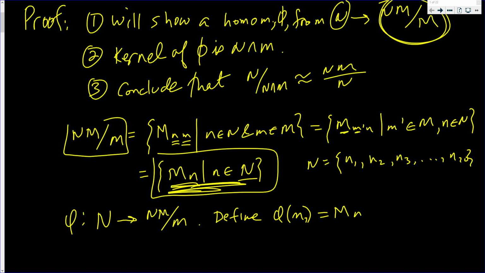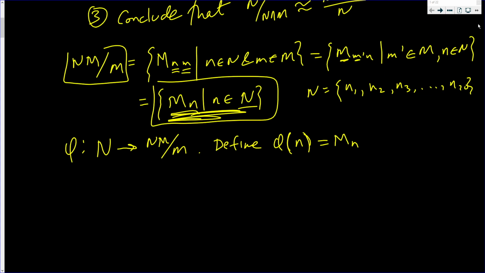Let's make it simple. Whatever I put in between these brackets has to be in capital N, and it is going to equal M times that same element. Nice, simple mapping.